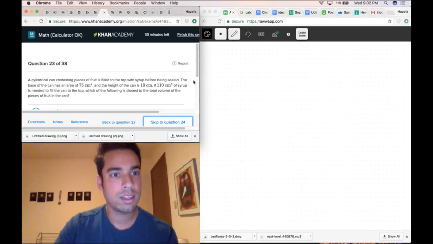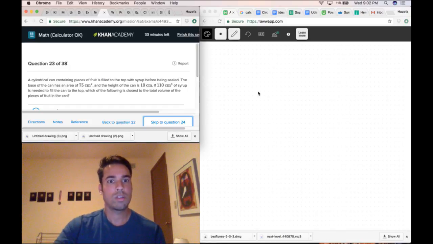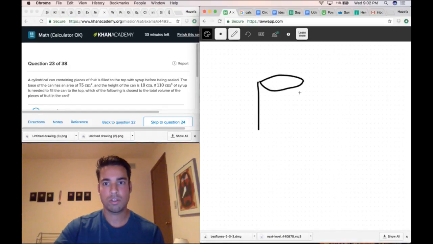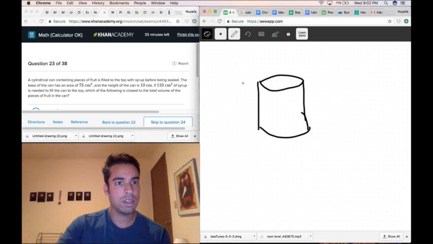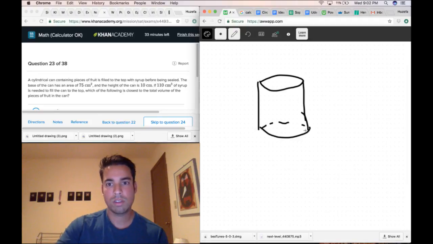A cylindrical can containing pieces of fruit is filled to the top with syrup before being sealed. So here's my cylindrical can. The base of the can has an area of 75 centimeters squared, and the height of the can is 10.